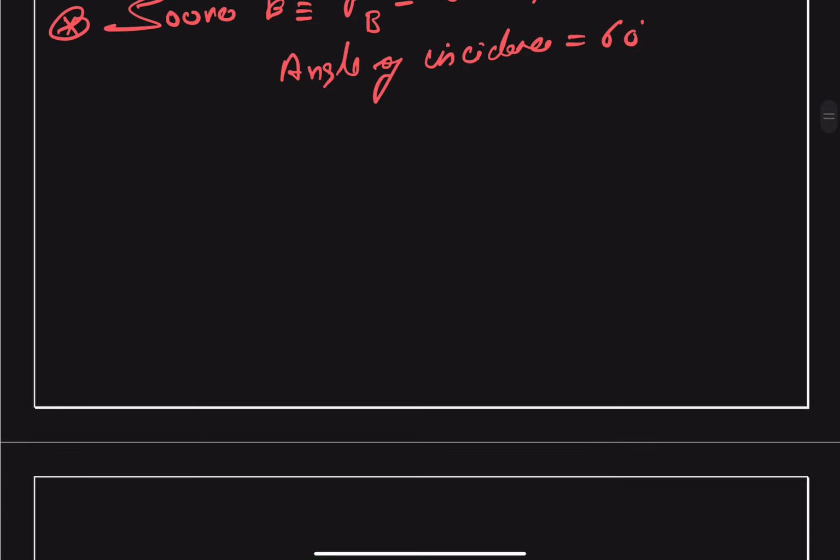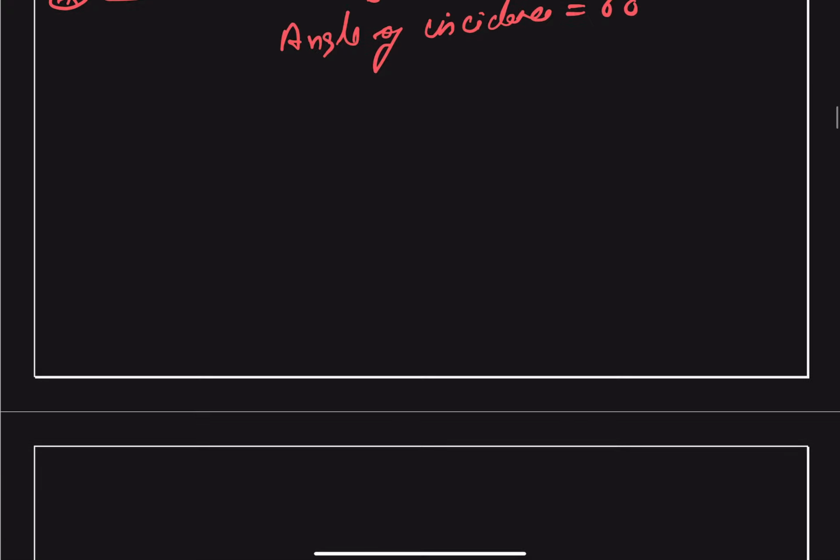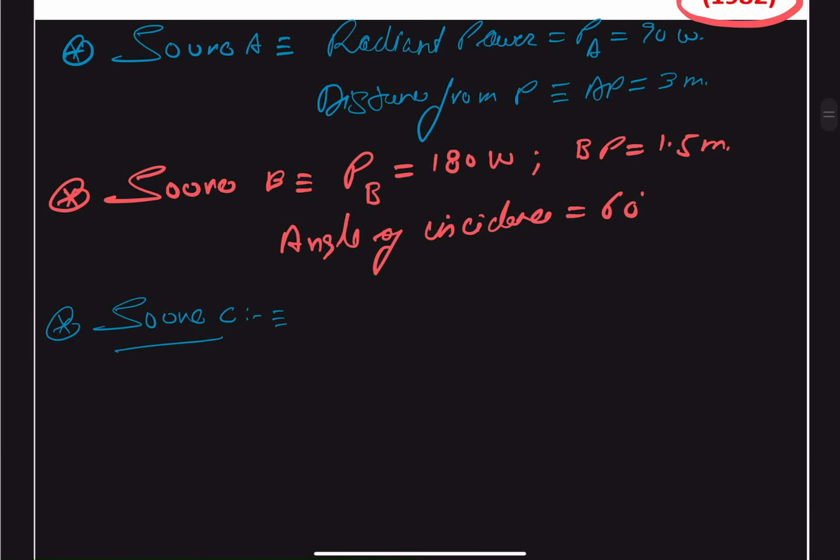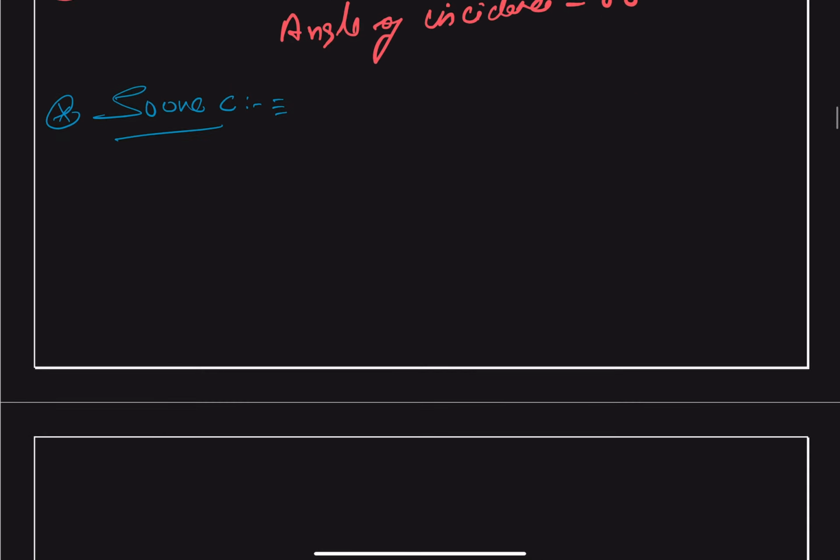And we have third source, that is source C. The source C, its intensity is given. Okay. For source A and B, a radiant power is given, but for source C, intensity is given.